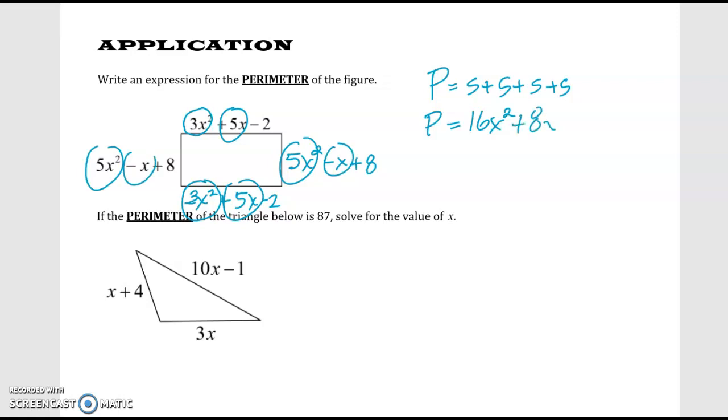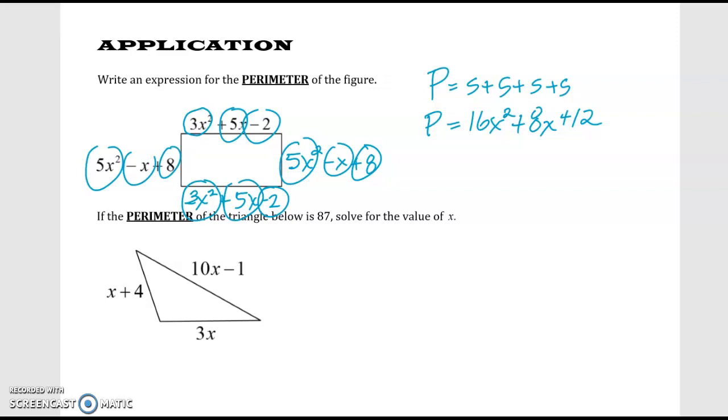So that gives us a positive 8x. And then we're going to go to our constants. 8 and 8 is 16. Negative 2 and a negative 2 is a negative 4. So 16 take away 4 is a positive 12. So the perimeter of this figure in simplest form is 16x squared plus 8x plus 12.